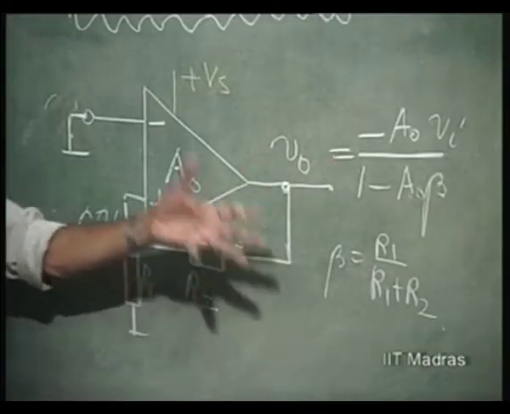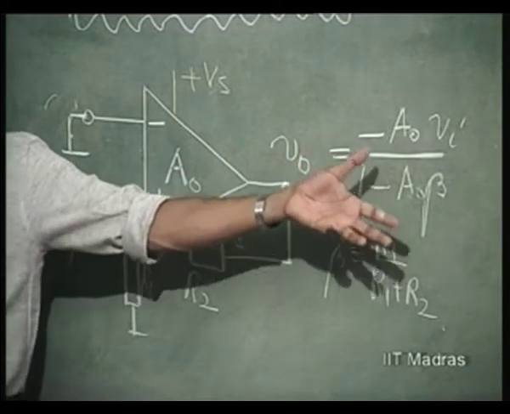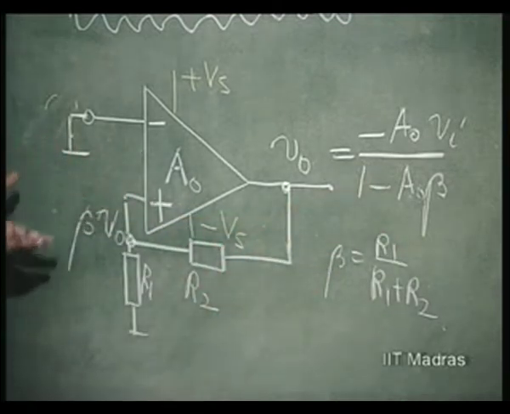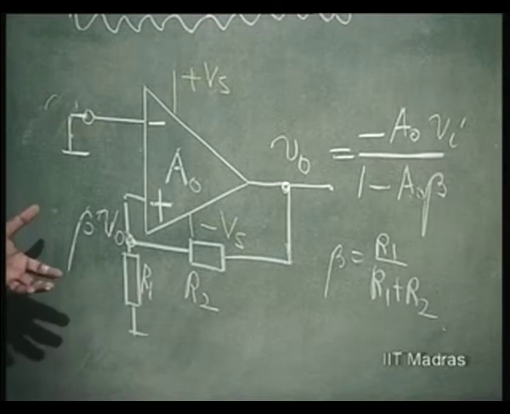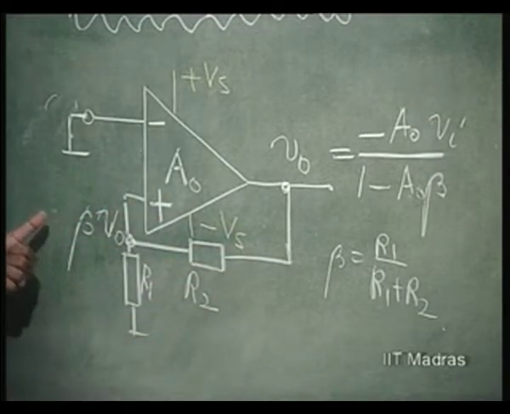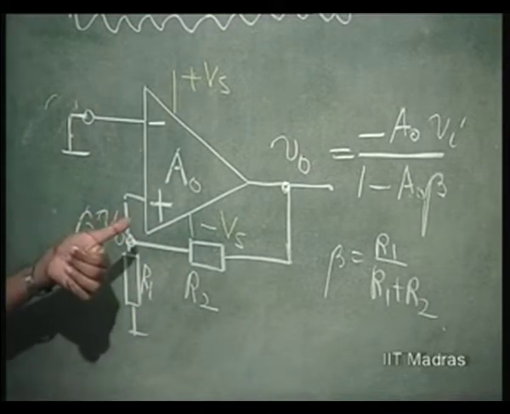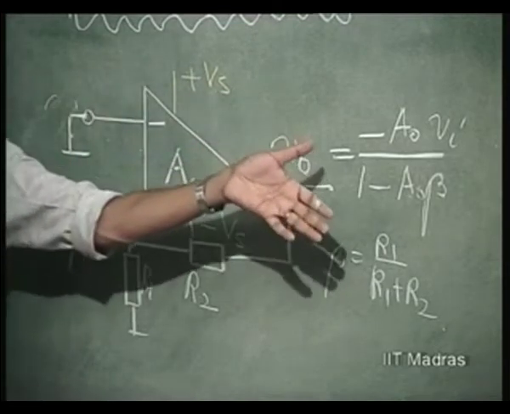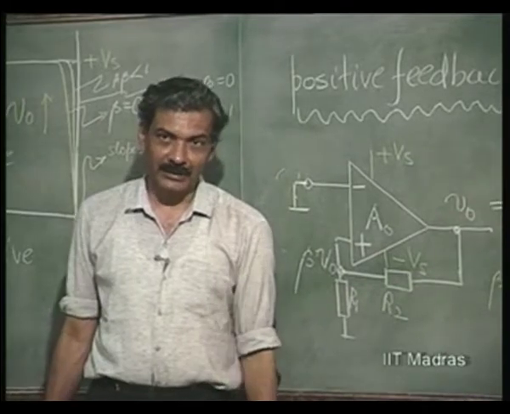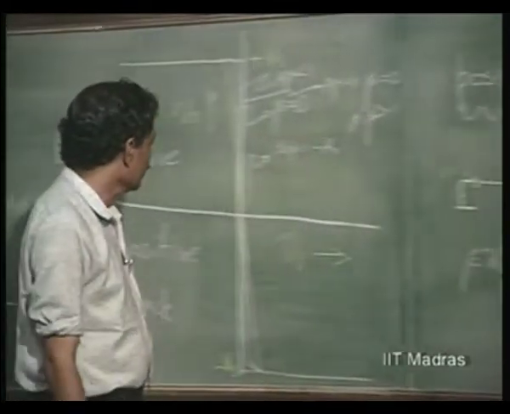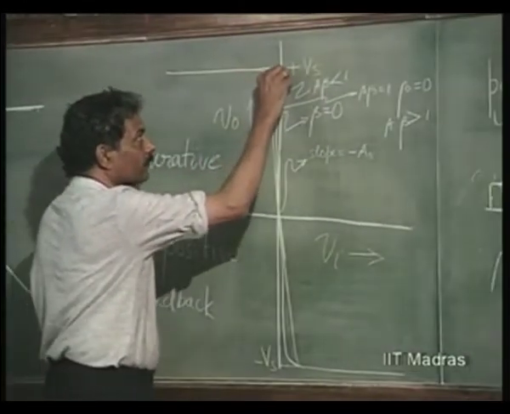So that is why in the case of ordinary positive feedback where A beta is less than 1, output is stable. Whereas in the case of positive feedback which is regenerative, which is A beta greater than 1, the disturbance itself is causing disturbance in the same direction, which is more, such as to further move it in a direction ultimately leading towards a stable state, which is either plus Vs or minus Vs, depending upon the initial disturbance. So this is the case.